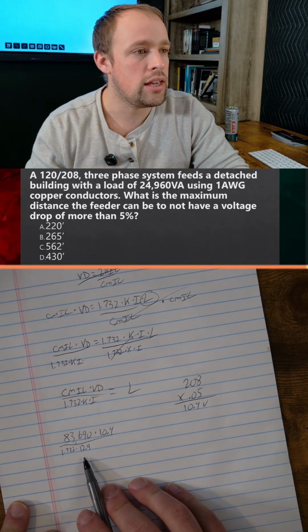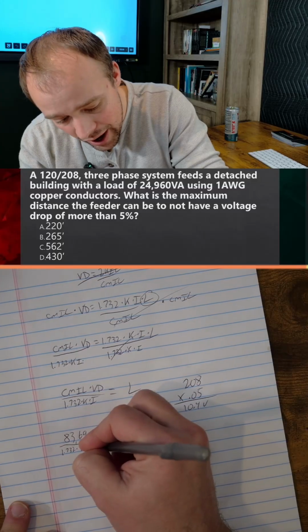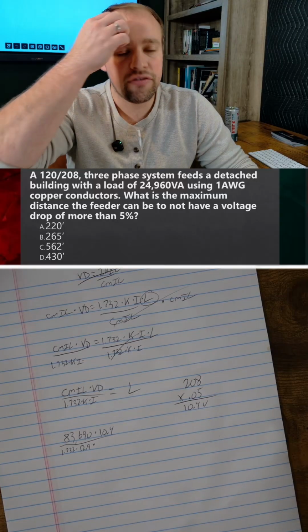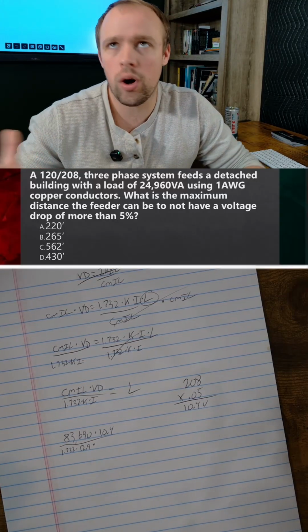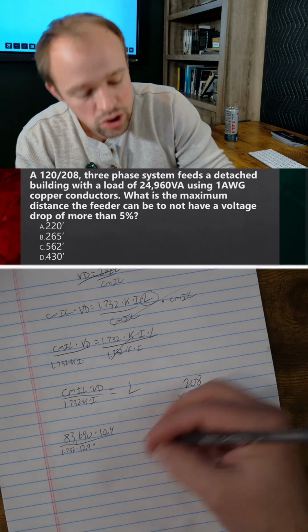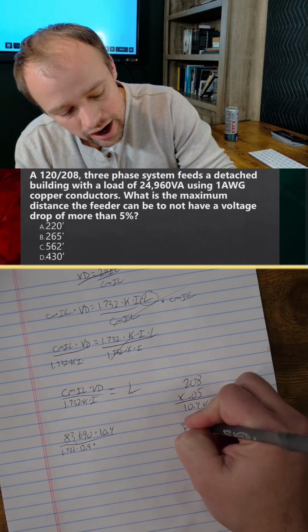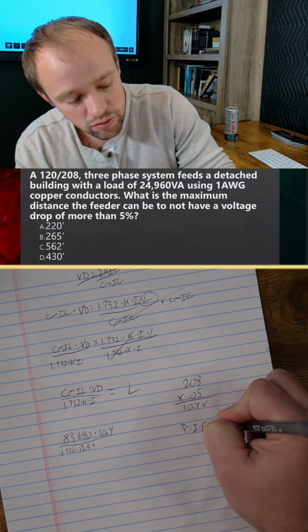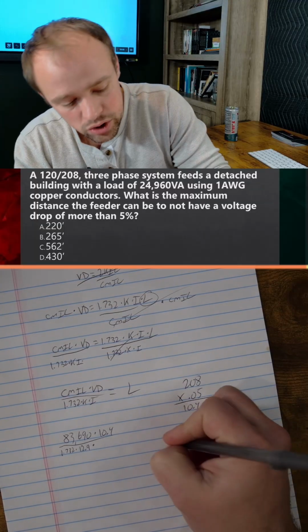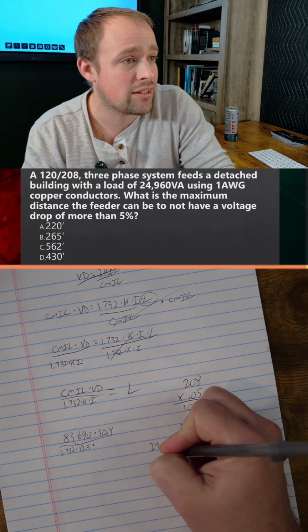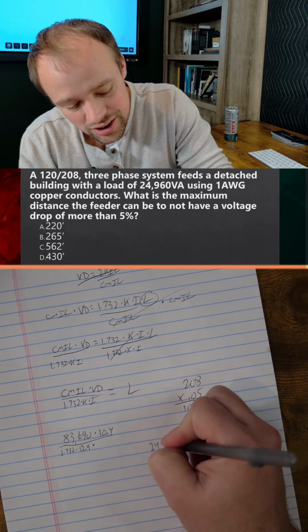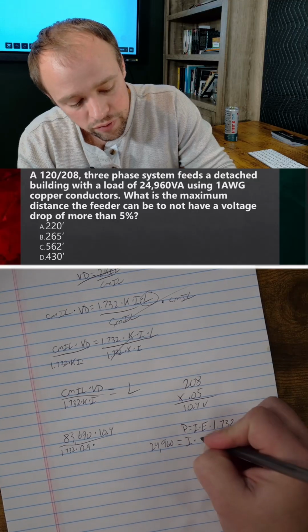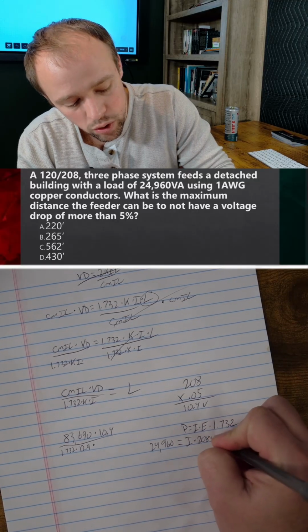And now the ampacity. The question doesn't tell us the current, but it does give us the volt amps, which is our power. We know that P equals I times E, but in a three-phase system, it's also times 1.732. We know our P, which is 24,960 volt amps. I'm dyslexic, let me get this right. So 24,960 equals I times our voltage of 208 times 1.732.